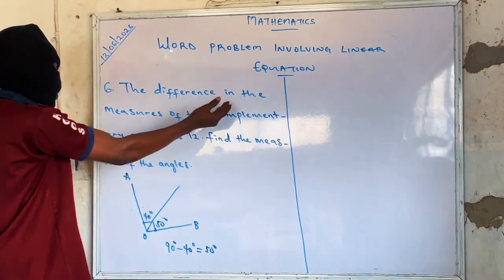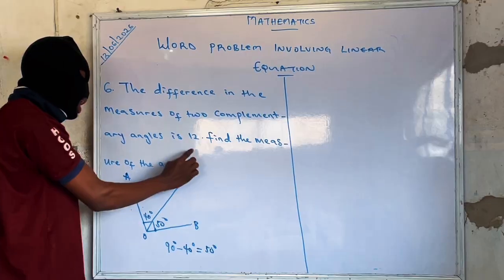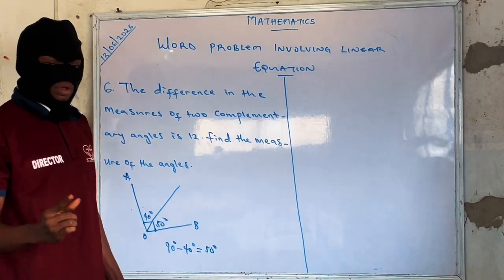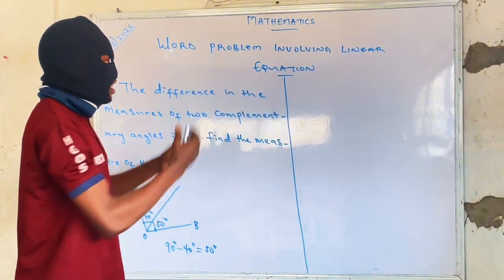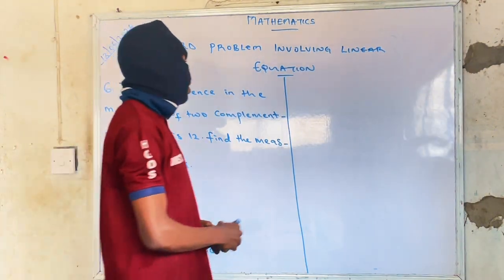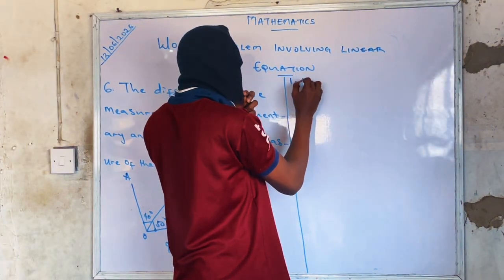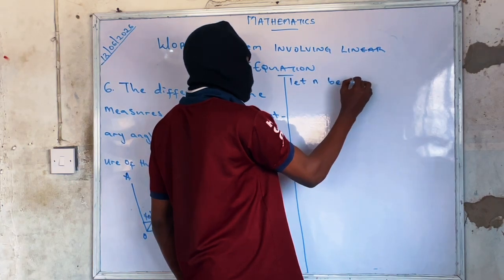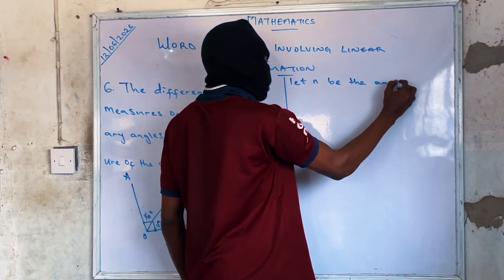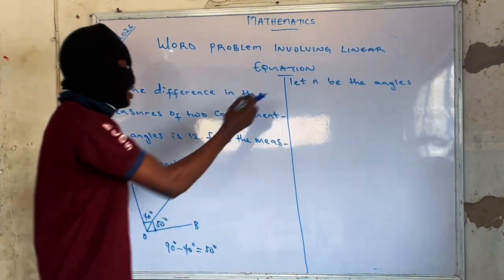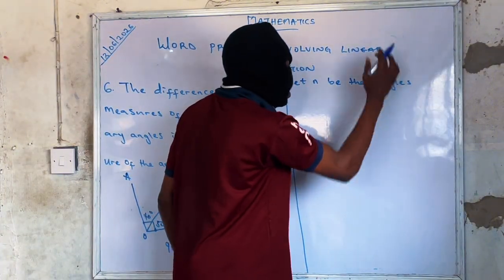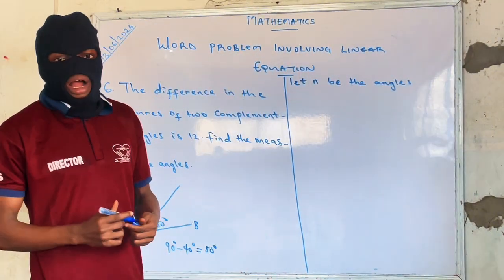Now I say that the difference in the measures of the two complementary angles is 12. Find the measure of the angles. We don't know the angles, so let's use a letter to represent the angle. Let N be the angle. N is already the first angle.